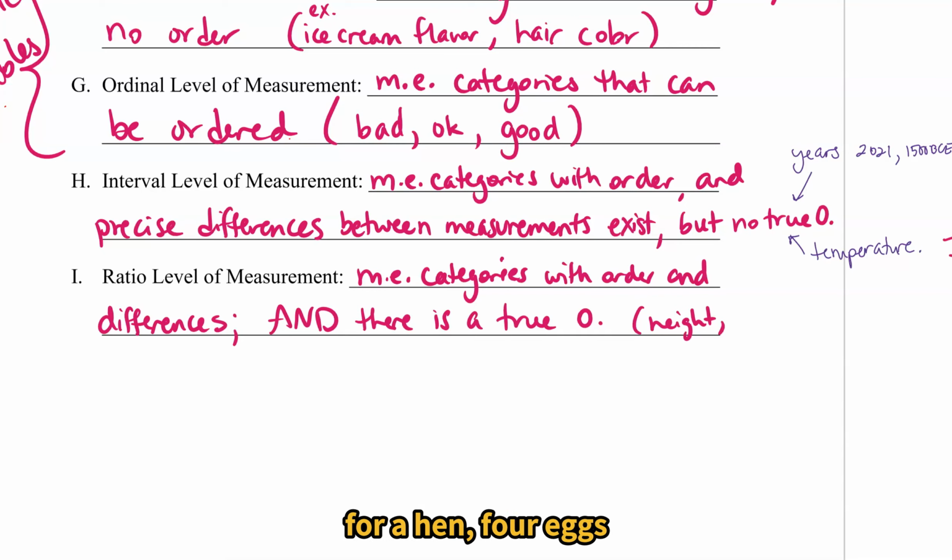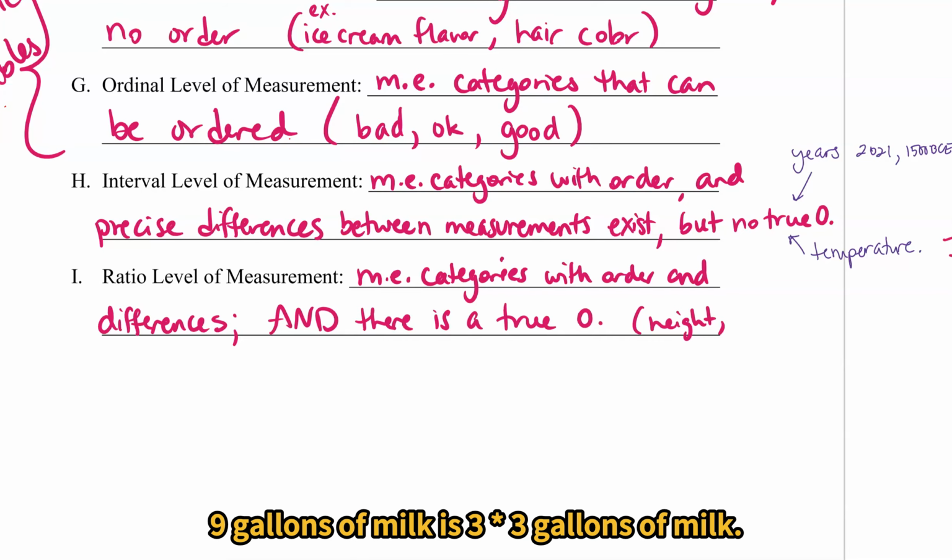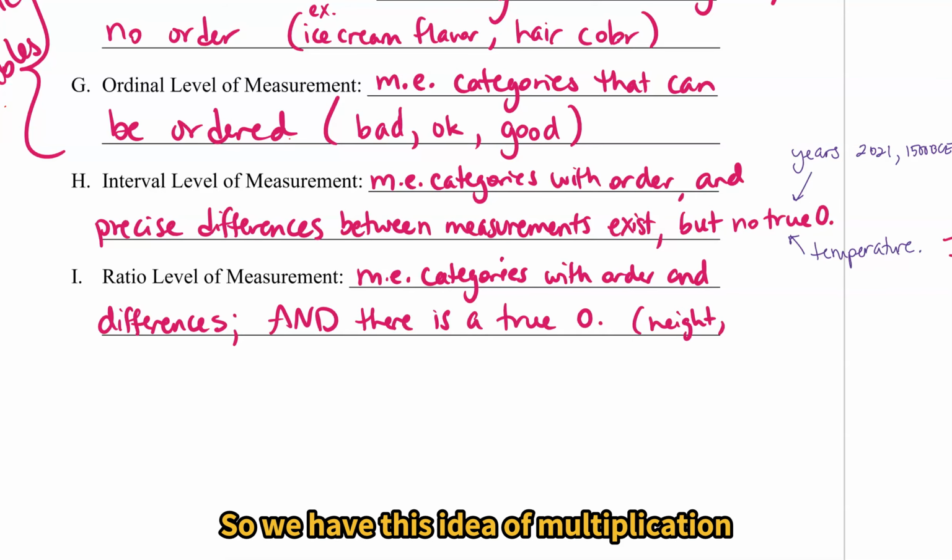We can say for a hen, 4 eggs is twice as many as 2 eggs. Or 9 gallons of milk is 3 times 3 gallons of milk. So we have this idea of multiplication that makes sense for ratio level.